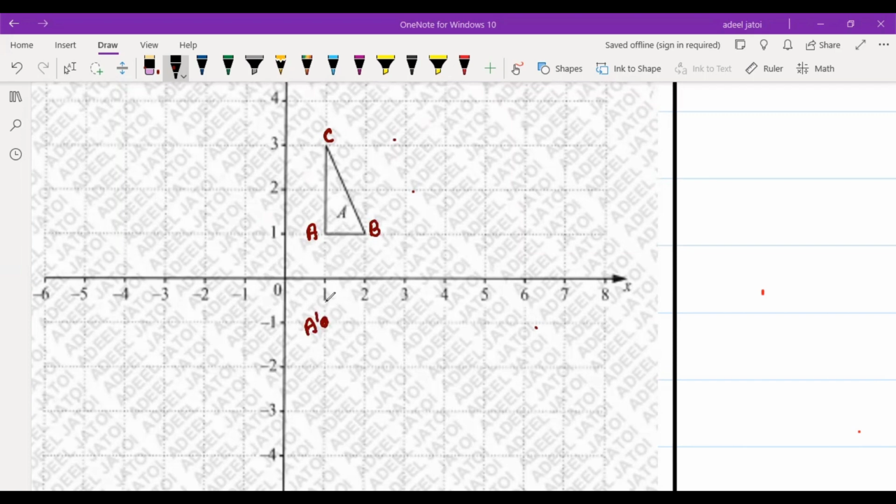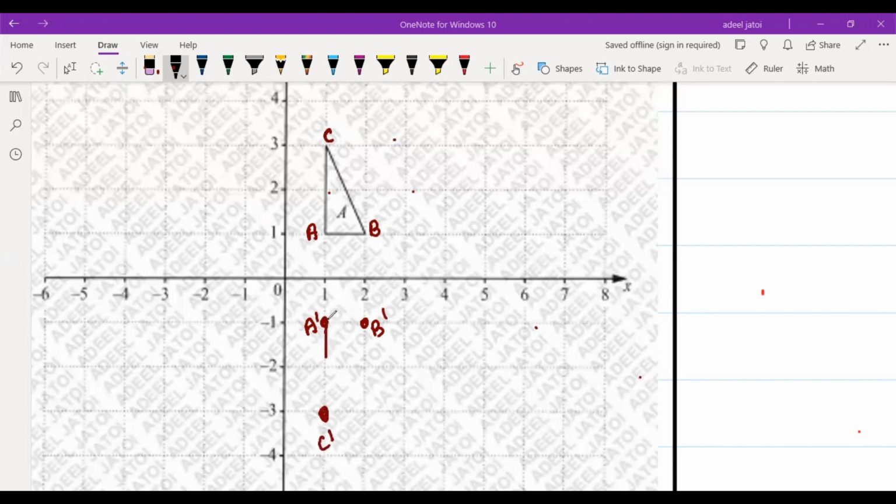So this becomes your A dash. Your B distance is 1 from the reflection line, but in the opposite direction it should be B dash. Your C distance is 1, 2, and 3, so distance is 3. In the opposite direction it should be 3 as well, 1, 2, and 3. So this point will be C dash.